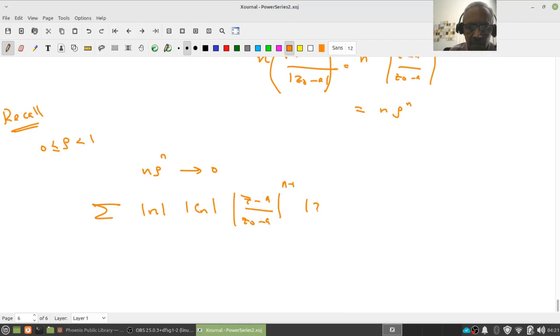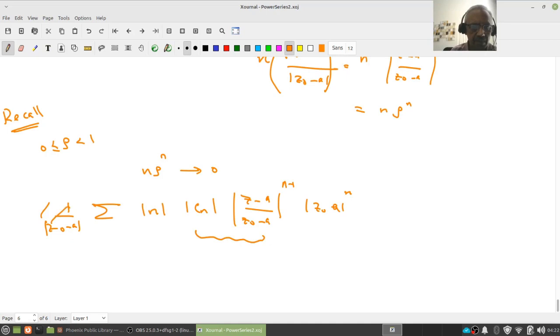Into mod z naught minus a to the power n. I can take 1 minus r naught z naught minus a also, this will be n minus 1. Now what do I know? I know this goes to 0.